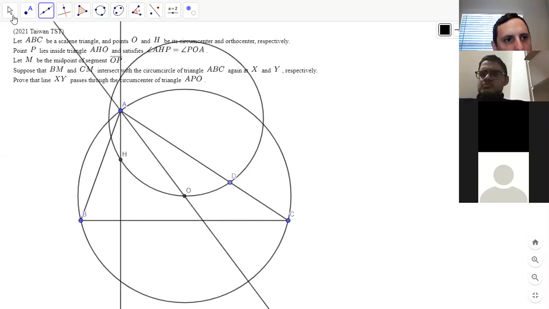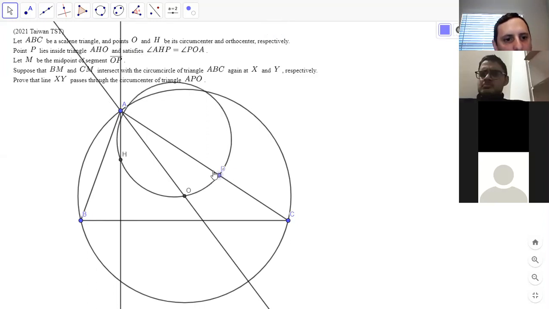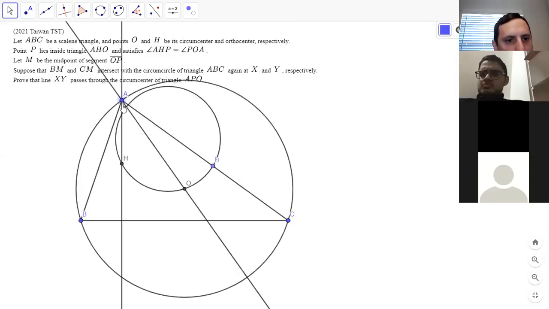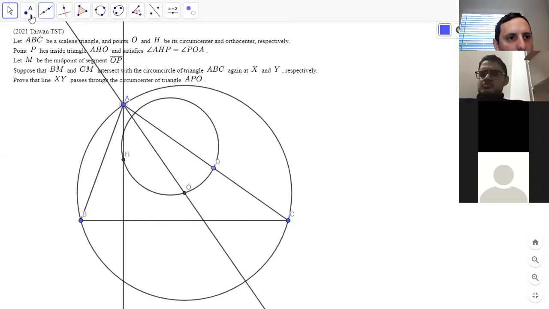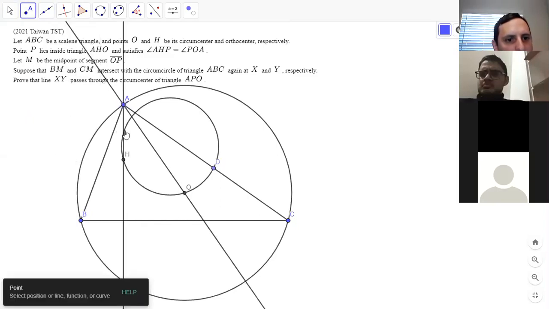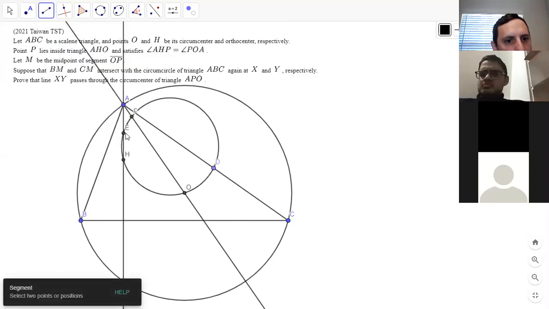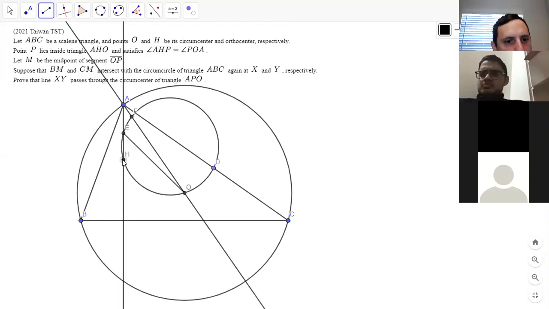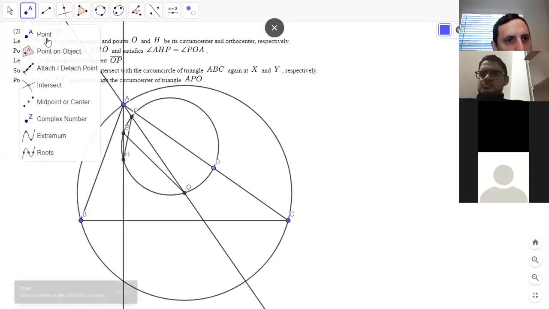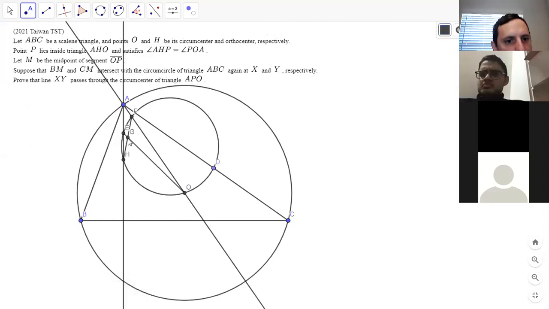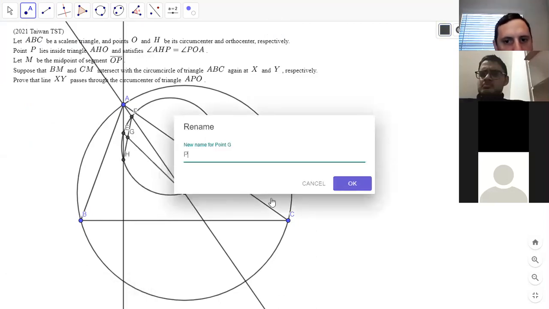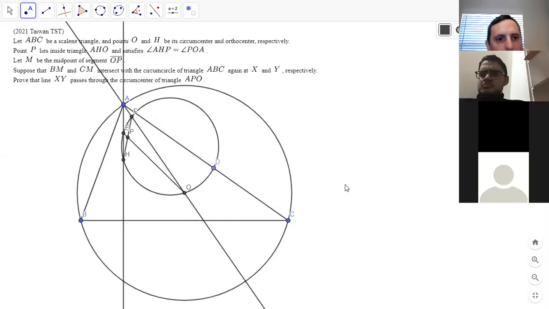It must cut inside AH and AO. Okay. Yes, and OE cuts HF at the point P. Now you can hide the circle. All right. So then AHP is POA.